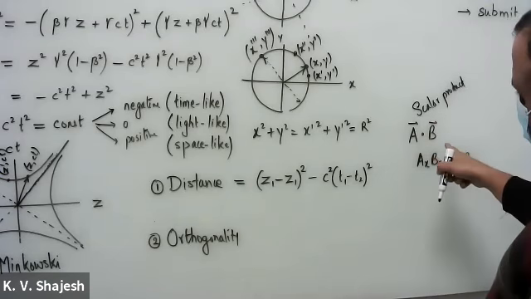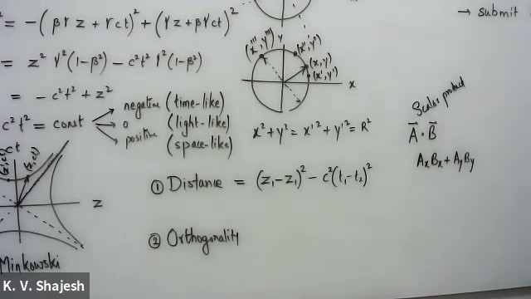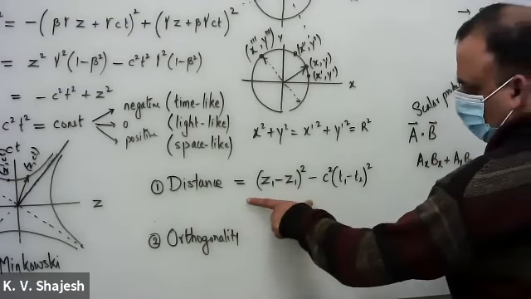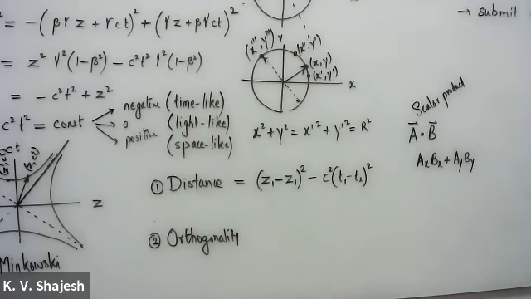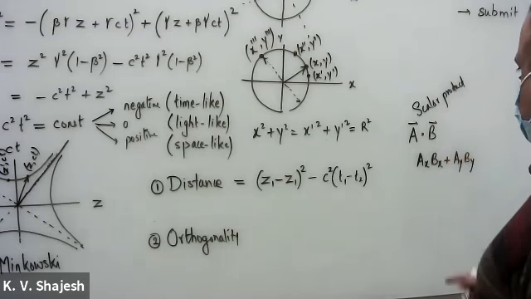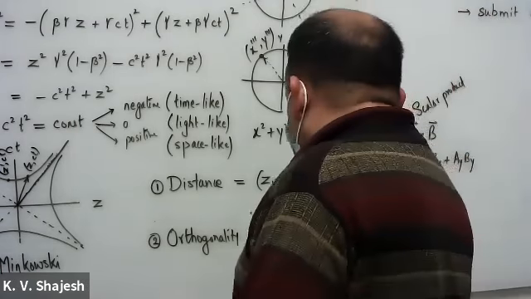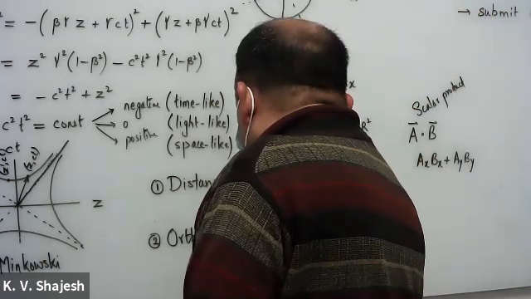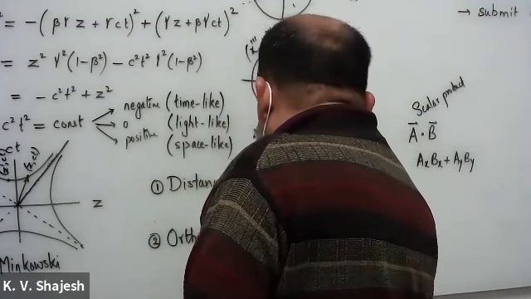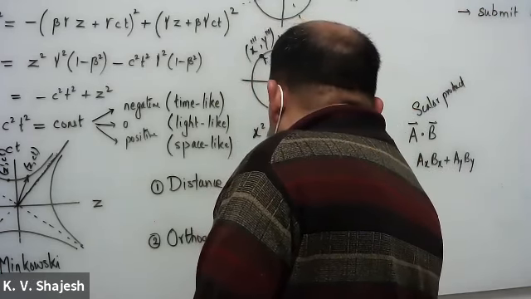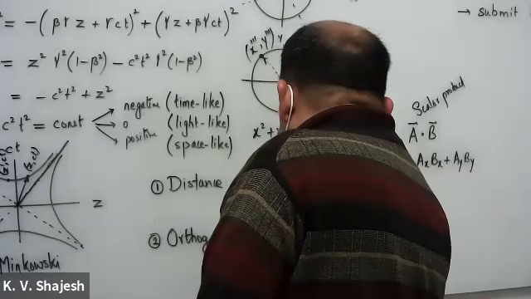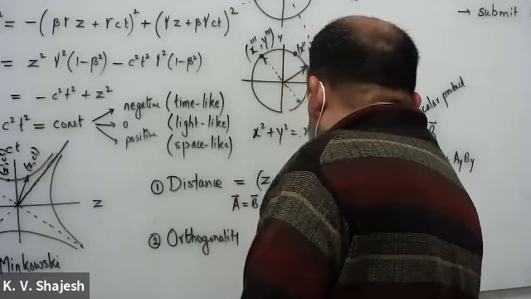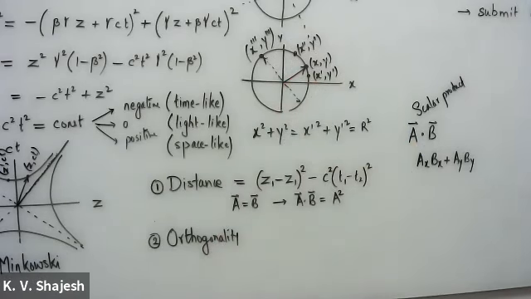If A is equal to B, A dotted with B is equal to vector A squared, and that gives me the distance. That's always greater than 0, and it remains constant. The length of a vector remains the same under rotations.